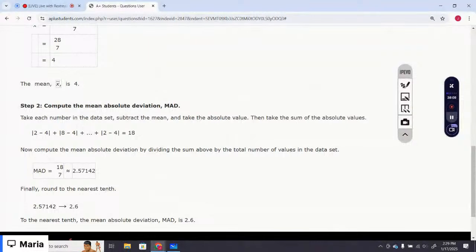That is 2.6. So the mean absolute deviation is 2.6.